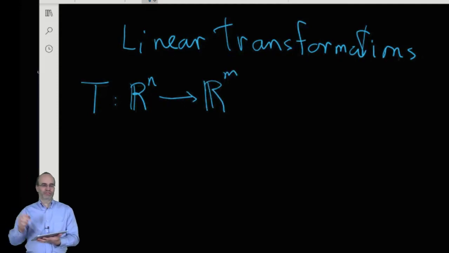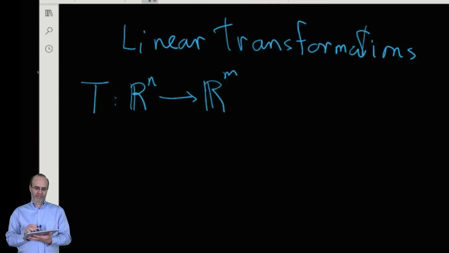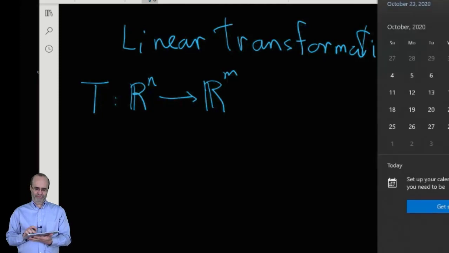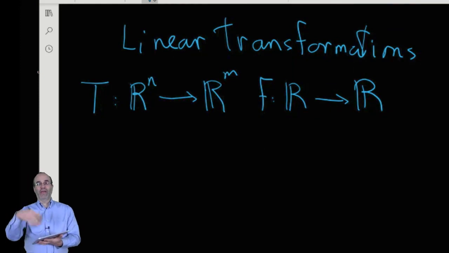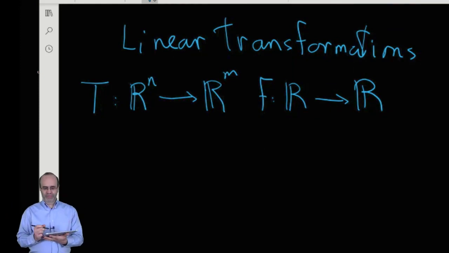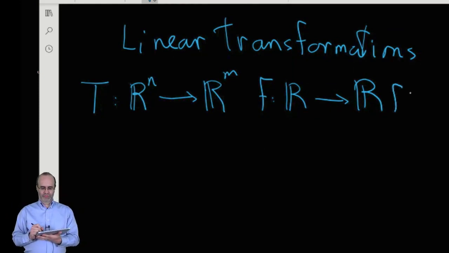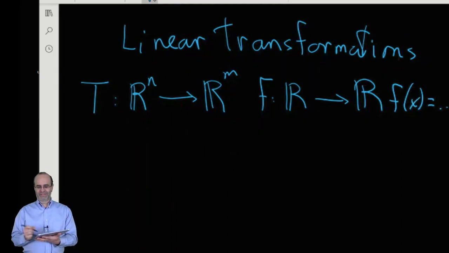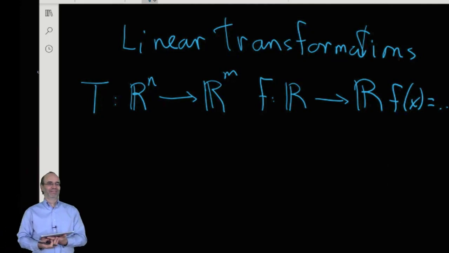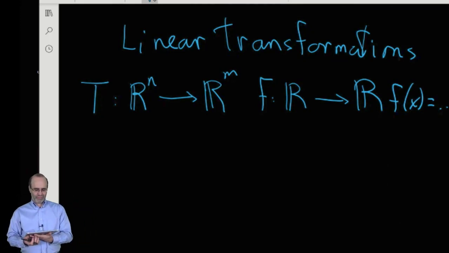Maybe just to make the analogy with calculus: in calculus you can have a function f that takes a real number and produces a new real number, and f of x will be given by some formula. I'm not going to write any specific formula. You've seen plenty in calculus.